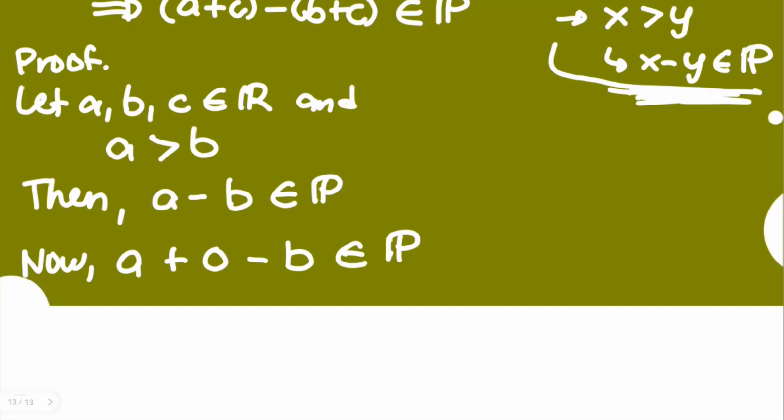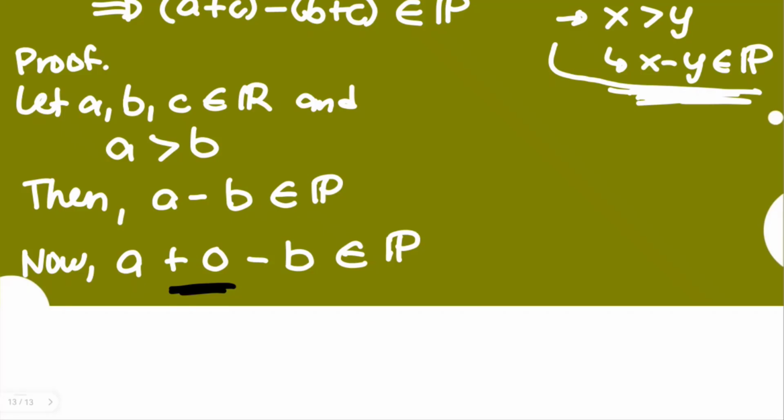Let me change my color to black to move further. The main reason for integrating 0 here, besides 0 being the additive identity, is that it is also the result of adding two additive inverses.